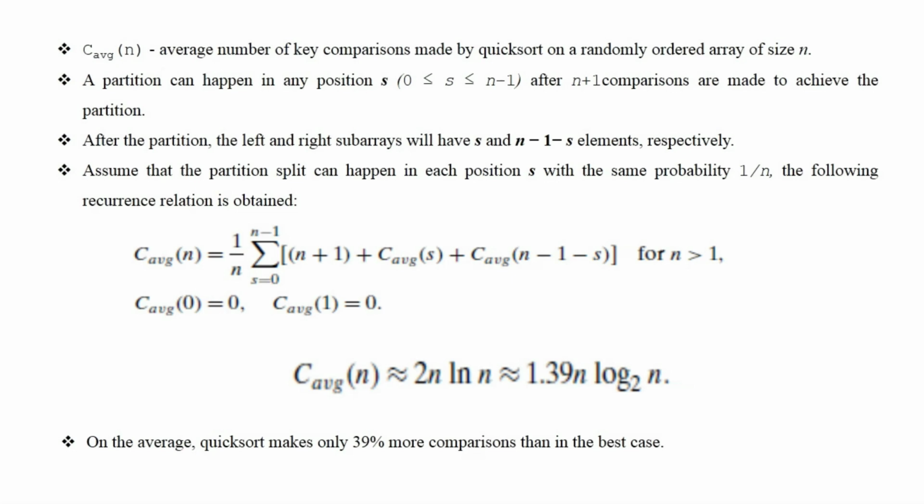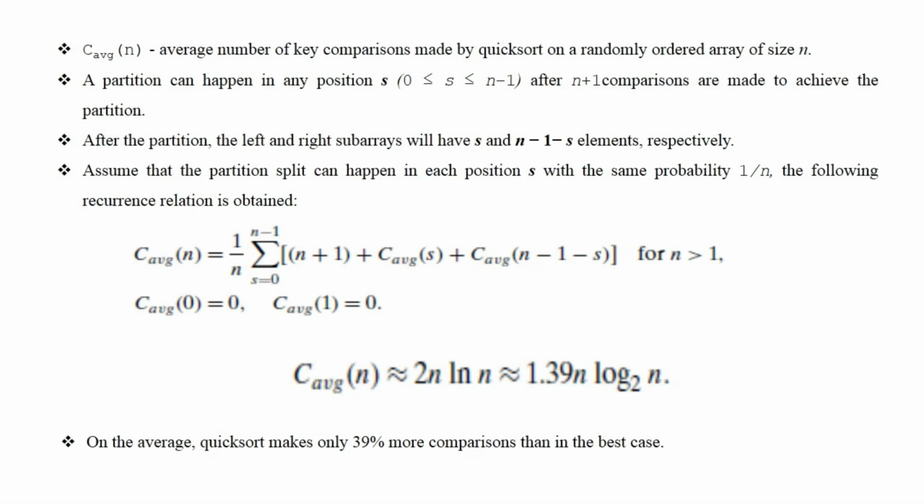Say we consider it as 1 by n. And the partition can happen in any position S after n plus 1 comparisons are made. So after the partition, left and right subarrays will have S and n minus 1 minus S elements respectively.